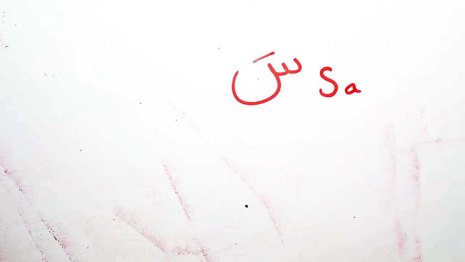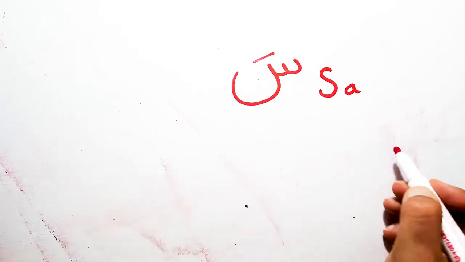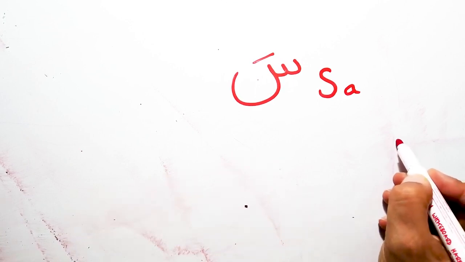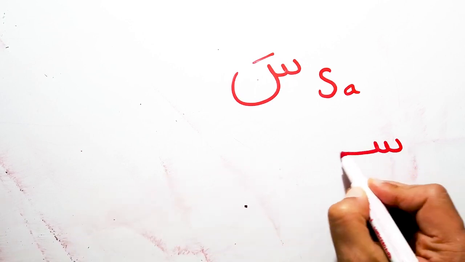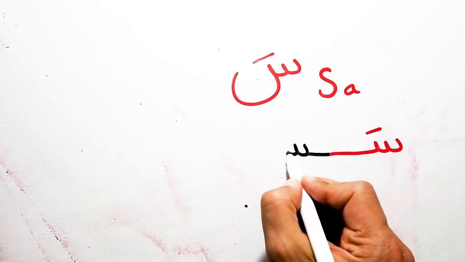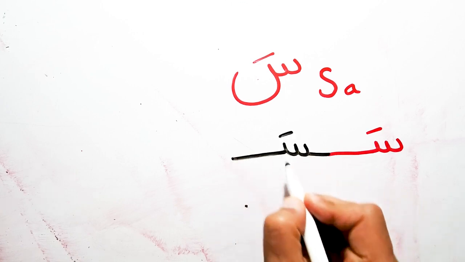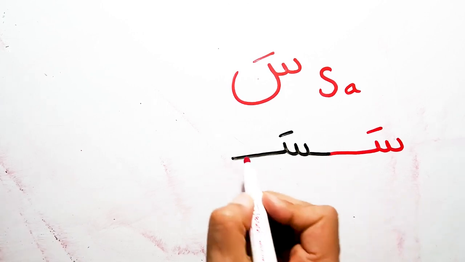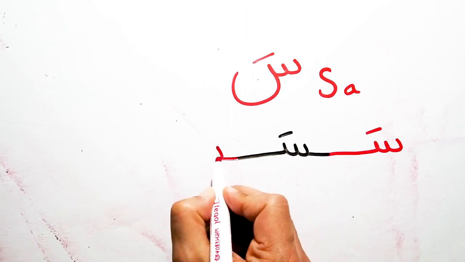Okay, let's write sa. In the beginning of the word, it is like this. Sa in the middle of the word is like this. Sa in the end of the word, it is like this.